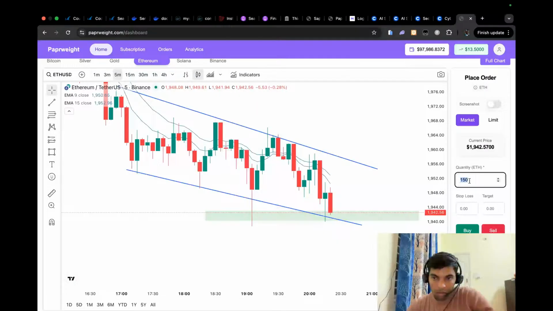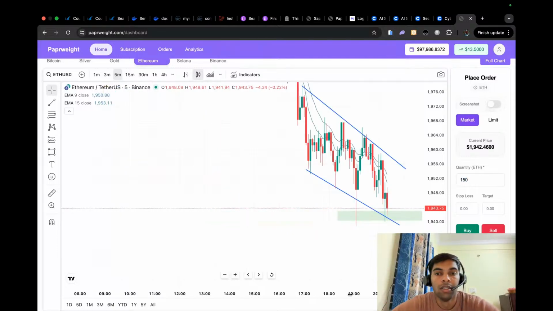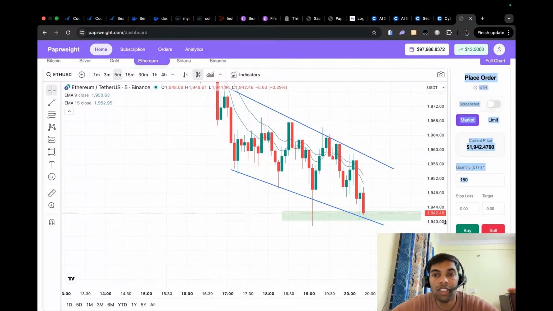There is a buying zone in Ethereum where the market is trading right now, although the market is extremely bearish and moving in a channel.